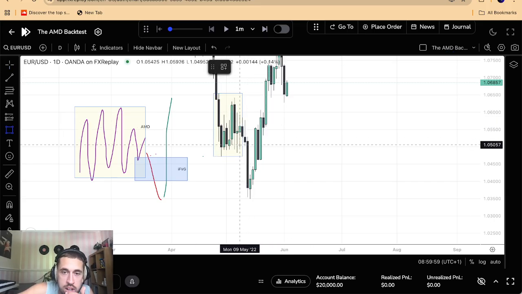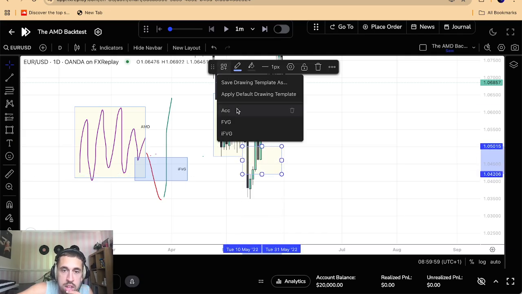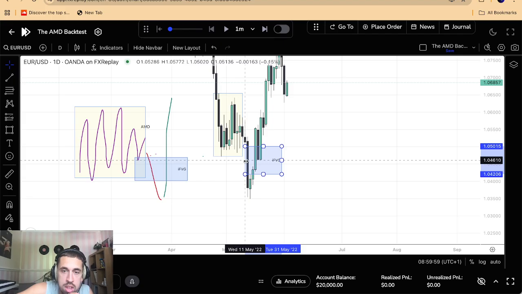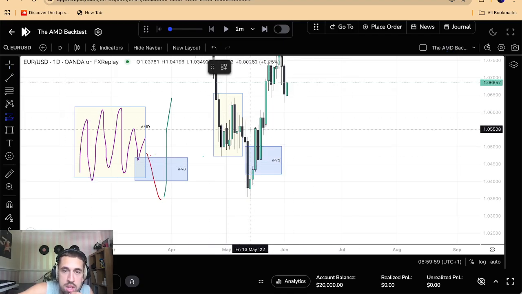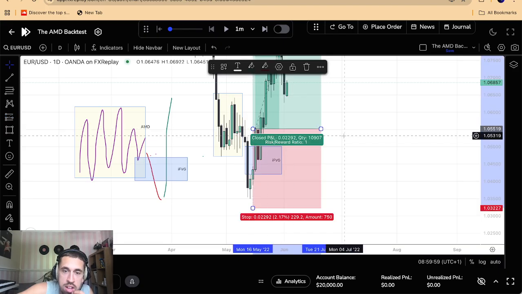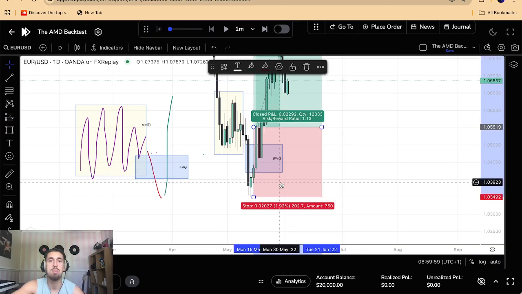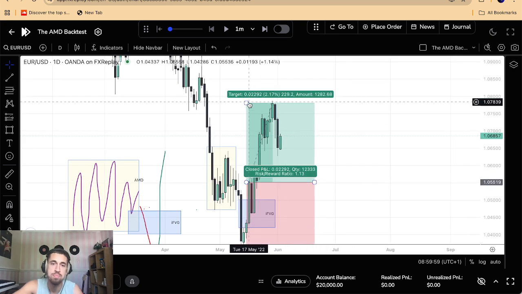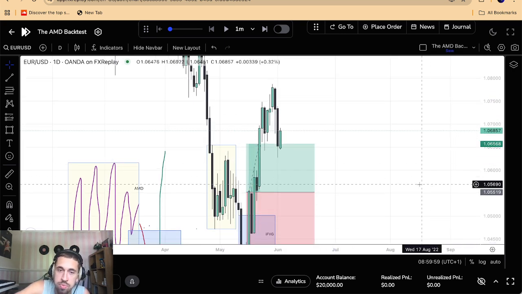Then we created a fair value gap to the downside. We inverted that gap. You enter, stop below the low, because if that's a true manipulation we should never come back to that. And then your target is the high of the range.